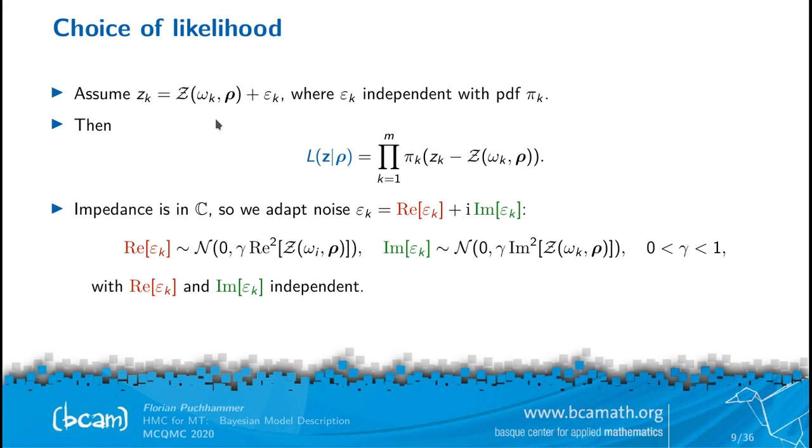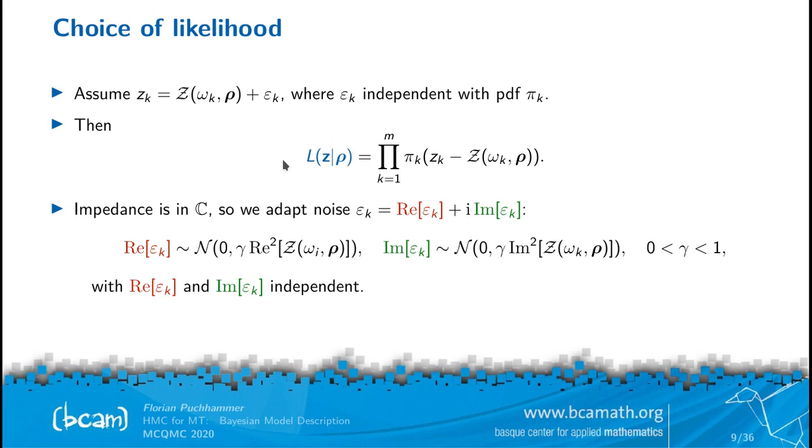How do we choose the likelihood? Basically we just consider additive noise. So the measurement is the true impedance plus some noise term, which are independent with respect to k. So epsilon 1 is independent of epsilon 2 and so on and so forth. And then the likelihood can be written very compactly in this form.